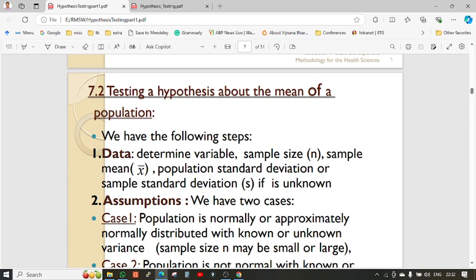We have to find out what data is given. The data is nothing but the sample size, sample mean, population standard deviation, and sample standard deviation. So there are four things: sample mean, sample standard deviation, population mean, and population standard deviation.